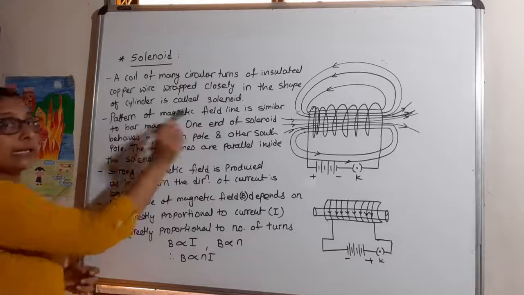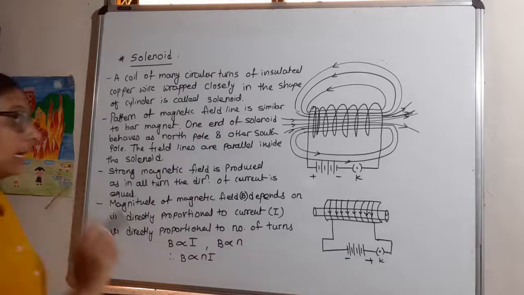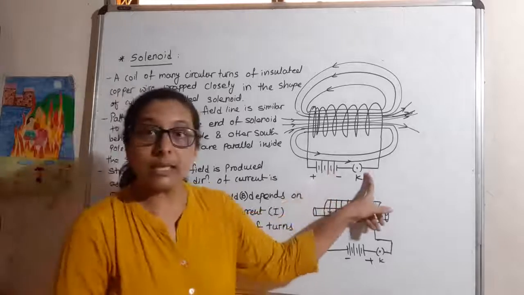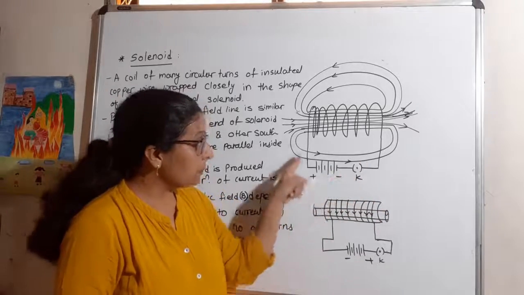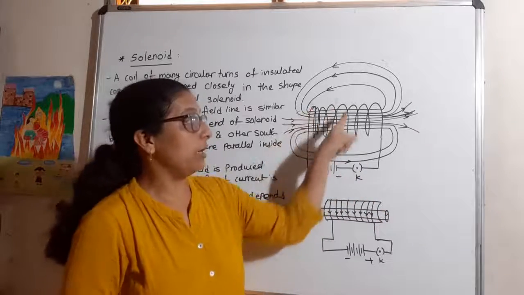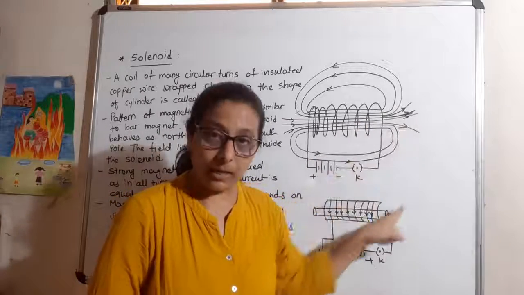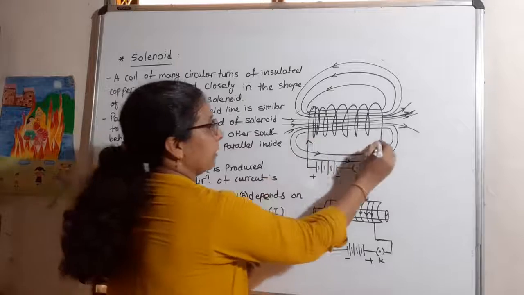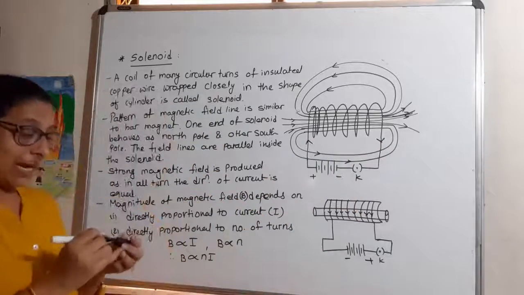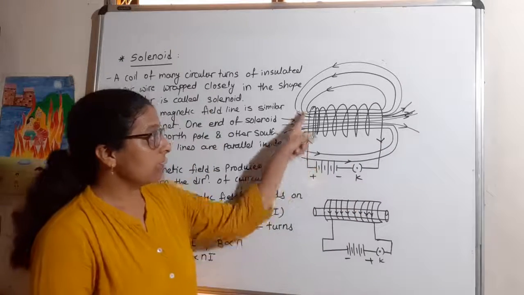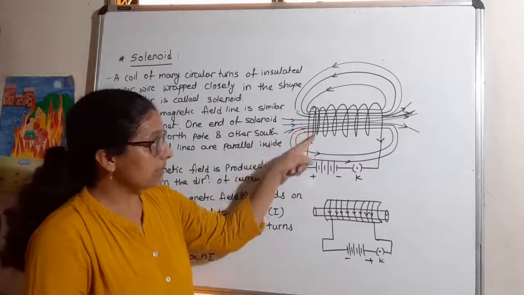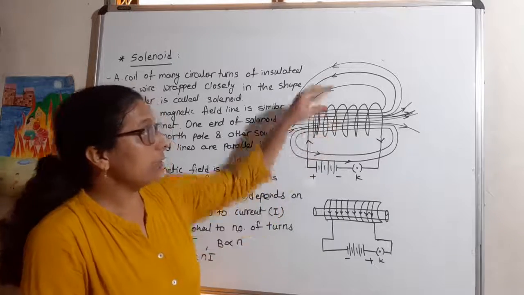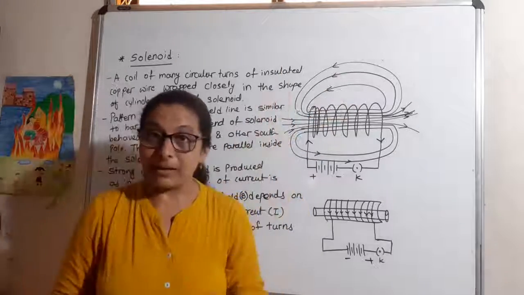Pattern of magnetic field lines. Here, whenever you plug the key, current passes through this solenoid, through this coil, and the direction of current is this. Then this current passes through and it behaves like a magnet.